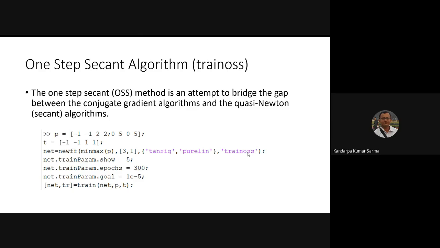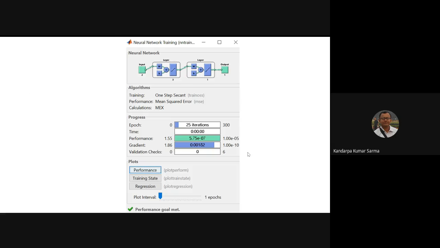So rest of the parameters are same. So it takes about 25 number of iterations to reach the goal, somewhat more time consuming, but it takes lesser memory space, and its generalization properties are better.